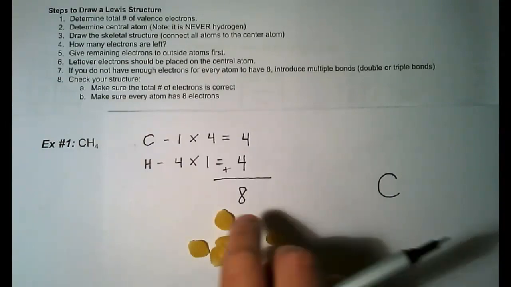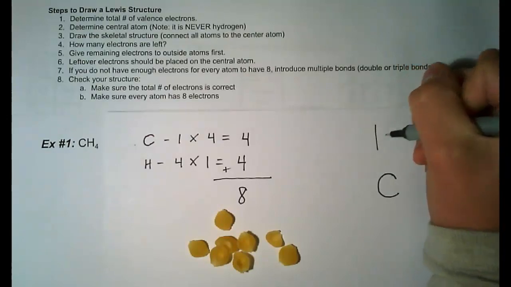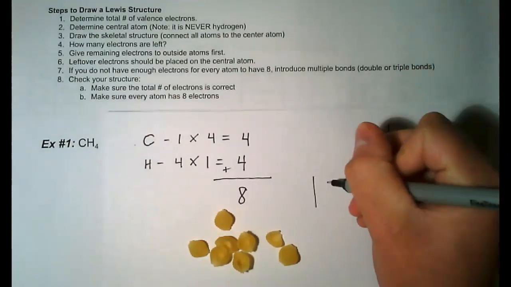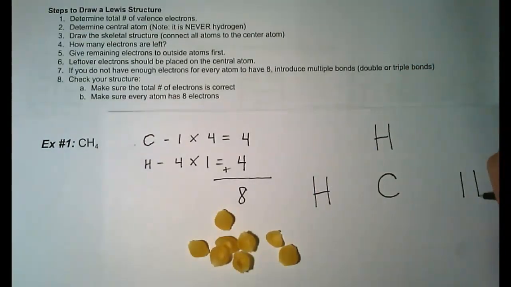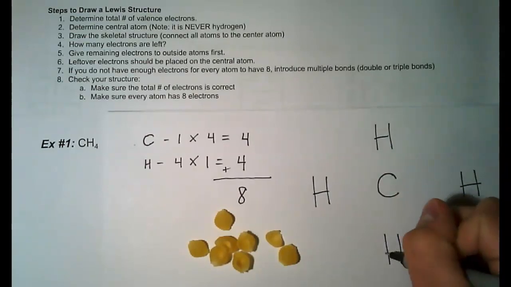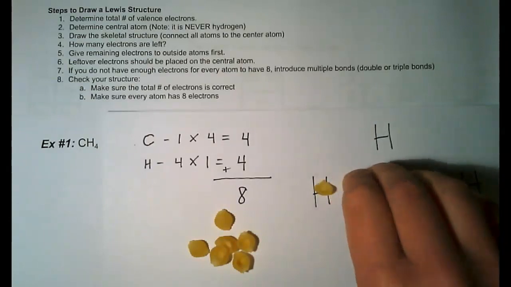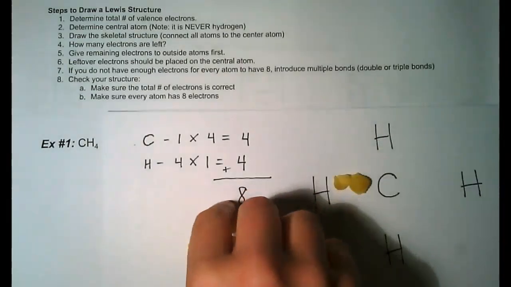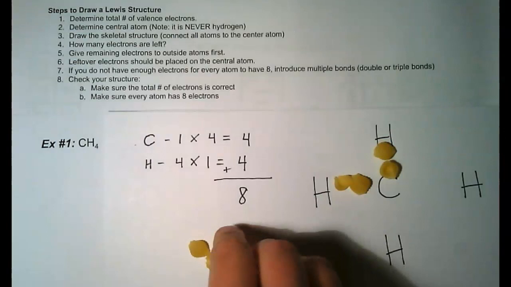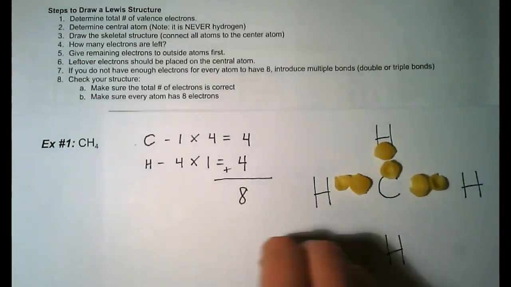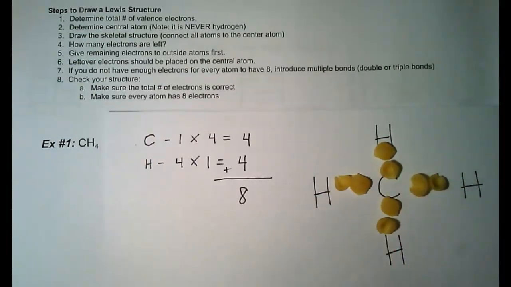So if I want to connect my 4 hydrogens, I'm going to place my 4 hydrogens around my carbon, and then I need to use 2 electrons to form each bond. So 1 bond, 2 bonds, 3 bonds, and 4 bonds.